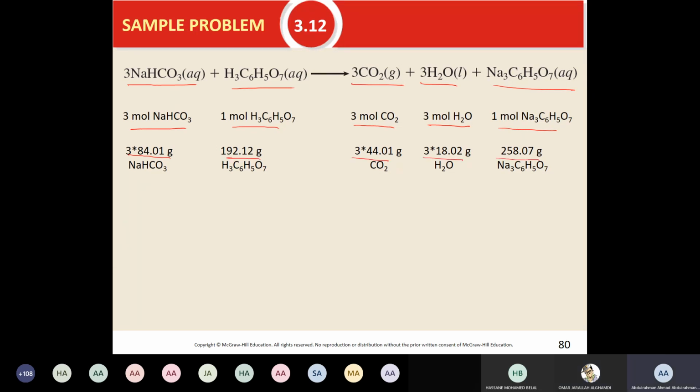Now, if I have 20 gram NaHCO3, then how many grams of Na3C6H5O7 will I produce? What should I do? Multiply 20 by 258 over 3 multiplied by 84. Don't forget to put the whole unit. What should you write at the top?